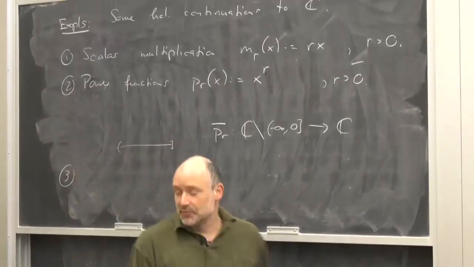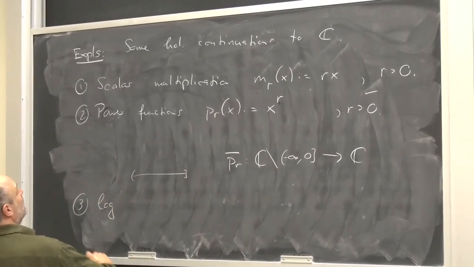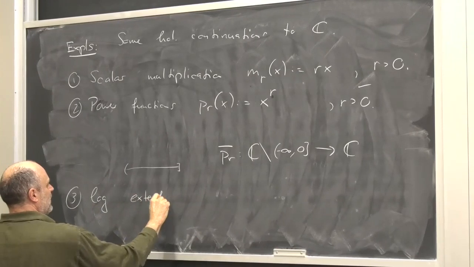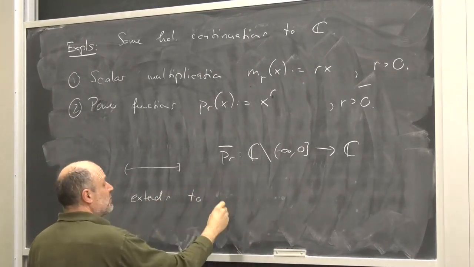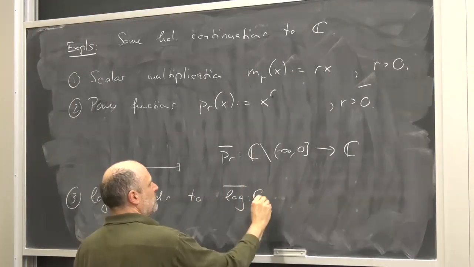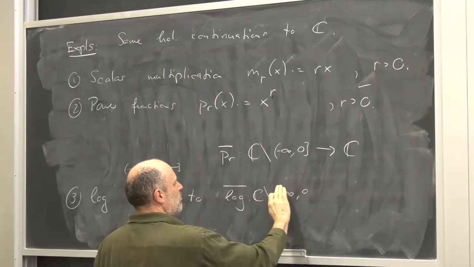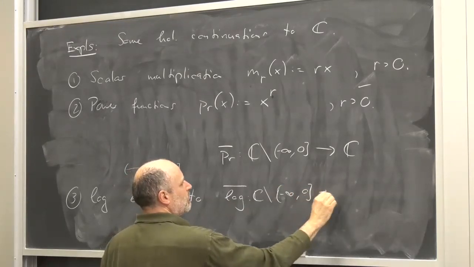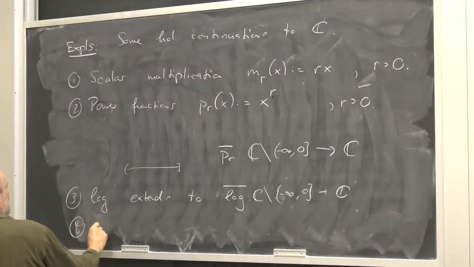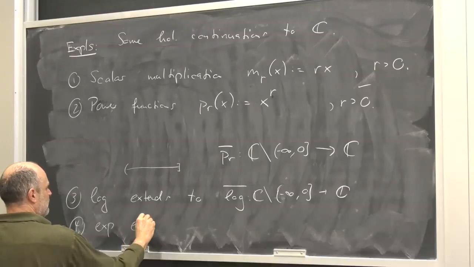Let's see, and of course the logarithm itself, same thing. So maybe I should have said the logarithm first. Logarithm, we take the principal branch. And whereas exponentiation, that's just entire.